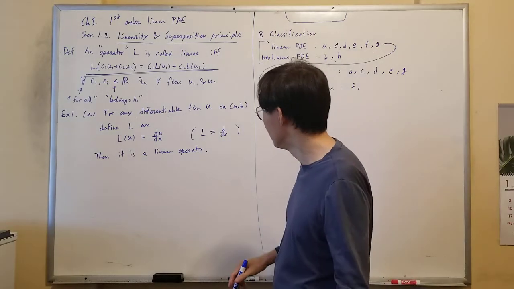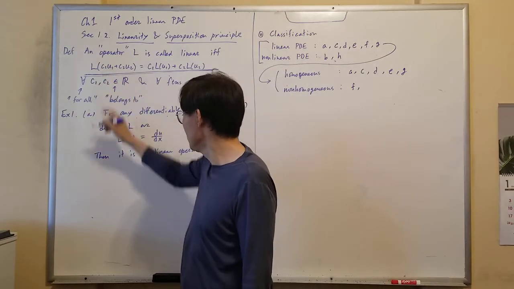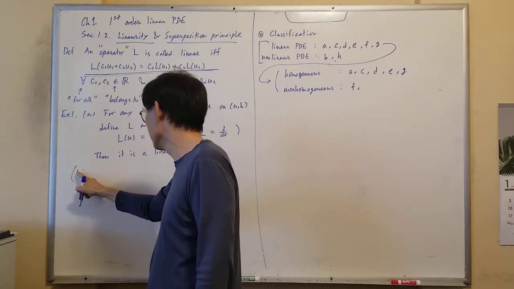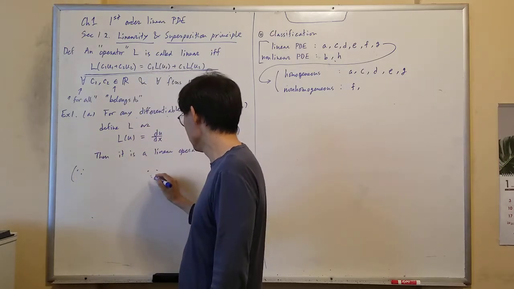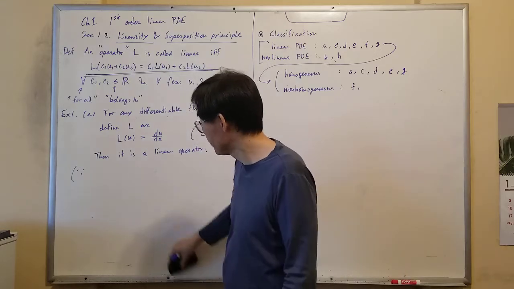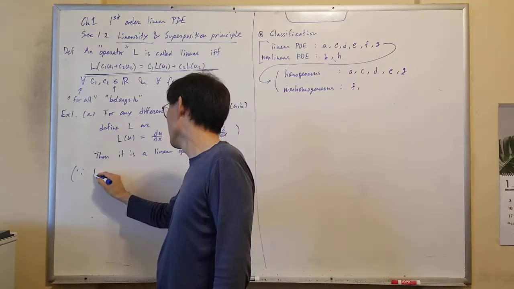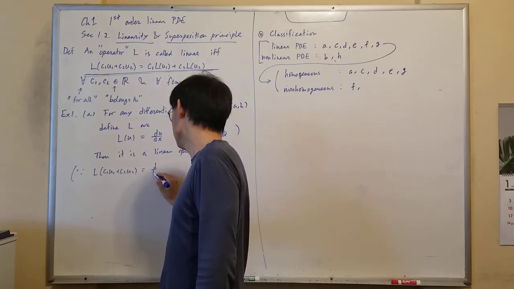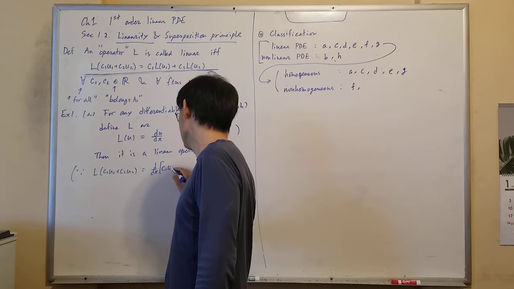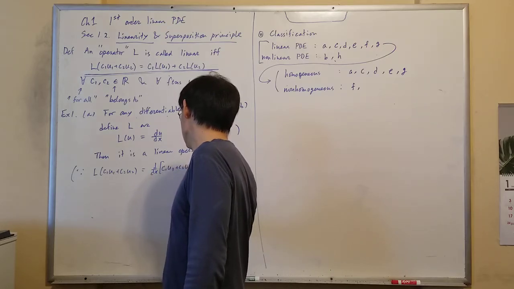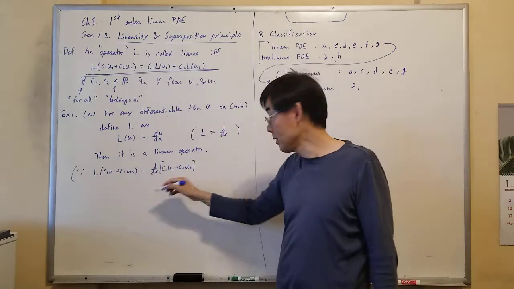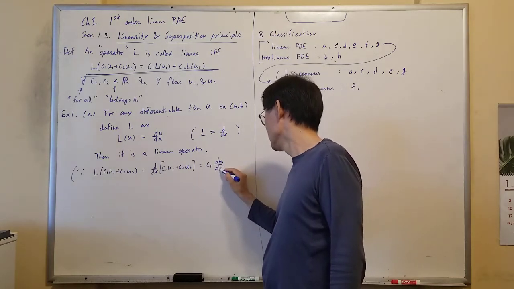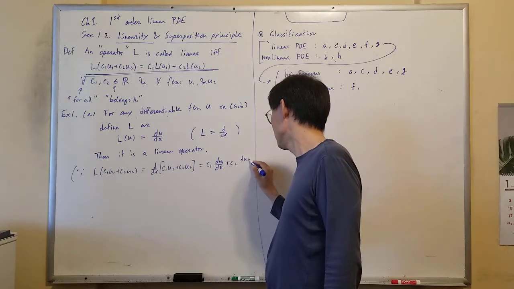Why? L of C1u1 plus C2u2 is the derivative of C1u1 plus C2u2. Well, we know that the derivative has this property: C1 du1/dx plus C2 du2/dx.